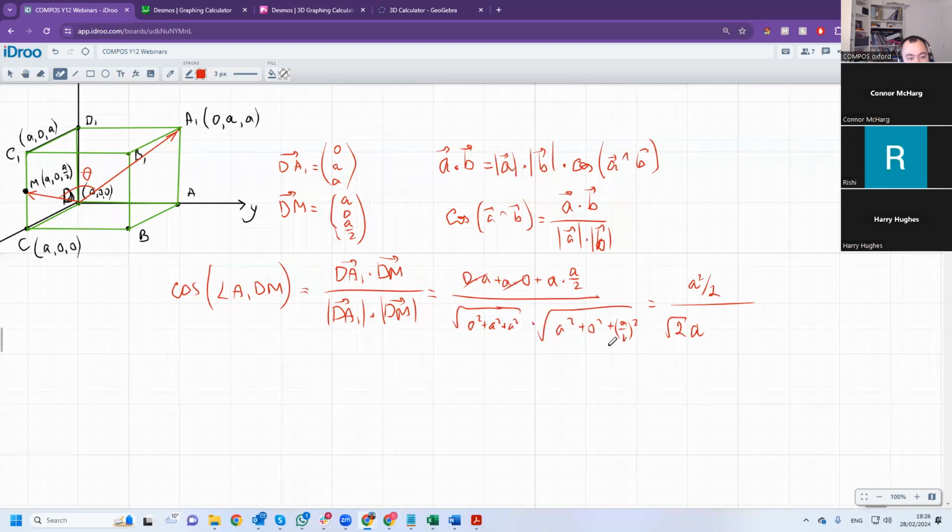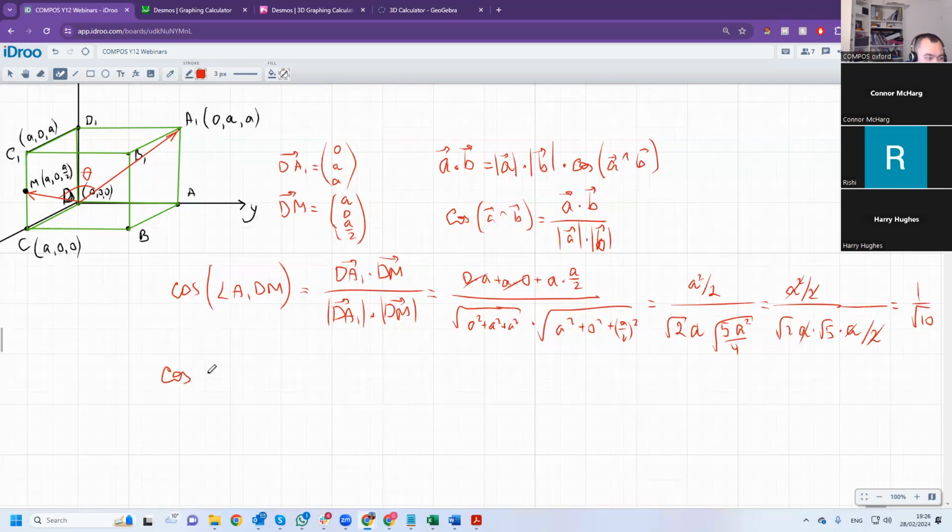That is 5 A squared over 4. Does that sound right? 4 plus 1, 5. Yes. Under the square root, this is A squared over 2 divided by A multiplied by square root of 5 multiplied by A over 2. 2 cancels, A squared cancels, and we get 1 over square root of 10.